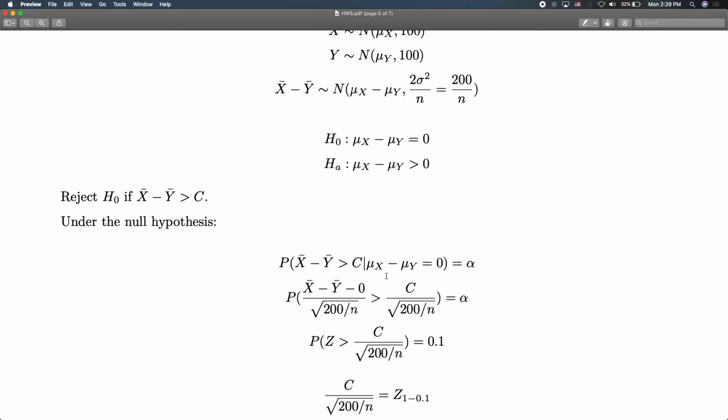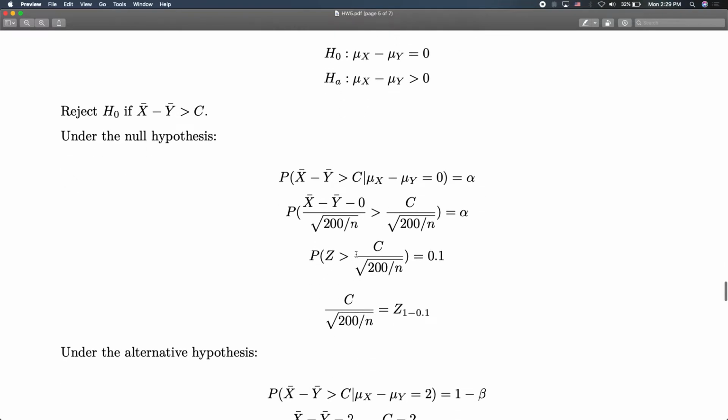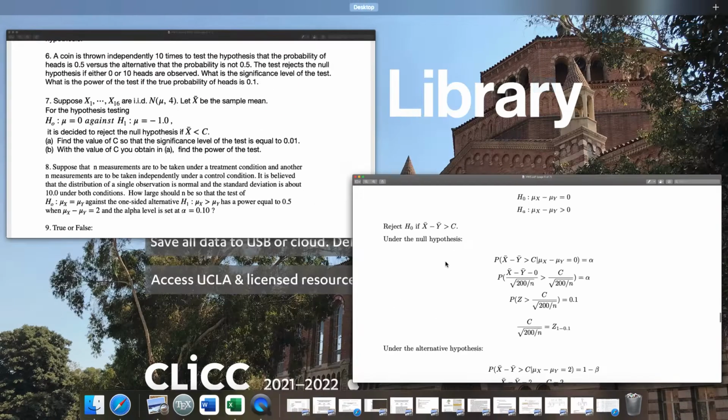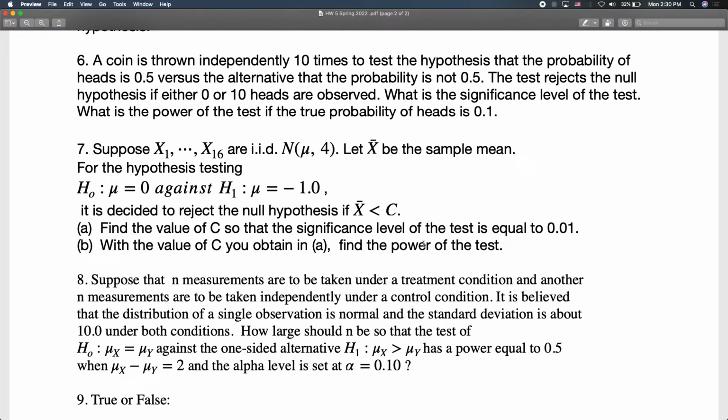Under the null hypothesis, this mean is equal to 0. So we have x bar minus y bar minus 0 here, over the square root of the variance. We apply the same procedure on the right-hand side: c minus 0 over that. Then the left-hand side is a standard normal greater than this particular value, equal to 0.1.